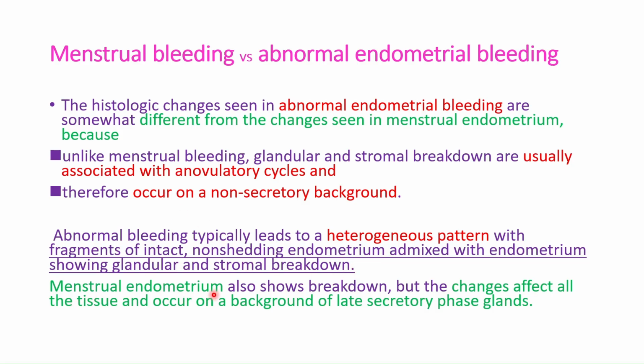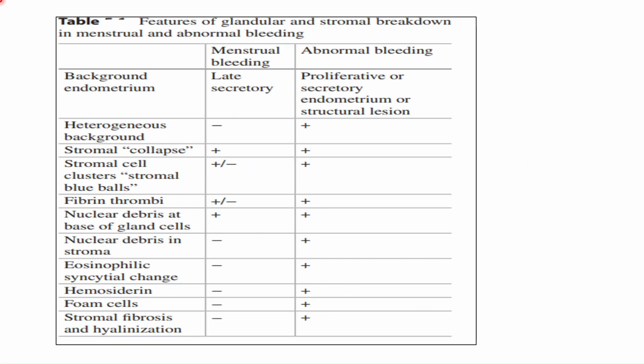While menstrual bleeding is associated with breakdown, the changes affect all the tissue and occur on a background of late secretory phase glands. So this table shows the difference in the features of menstrual bleeding and abnormal bleeding.